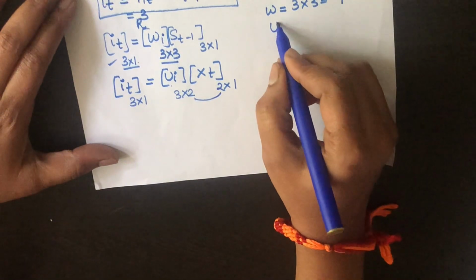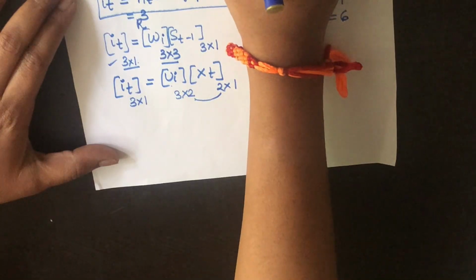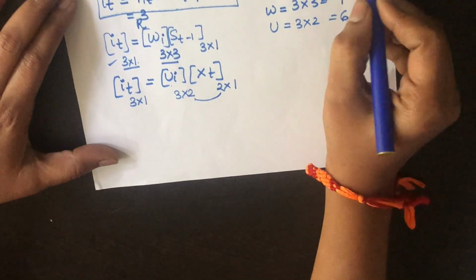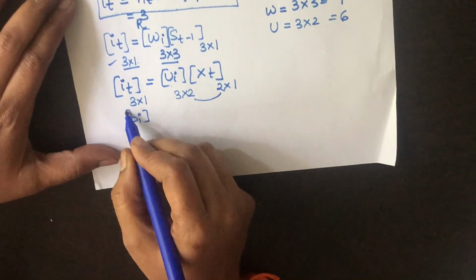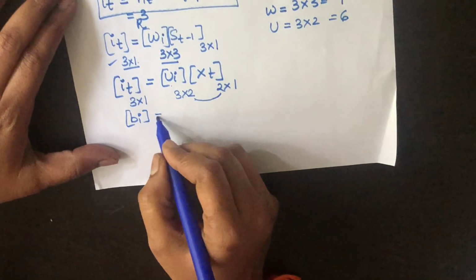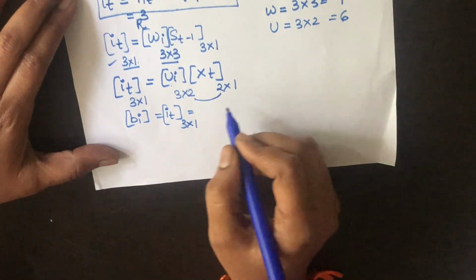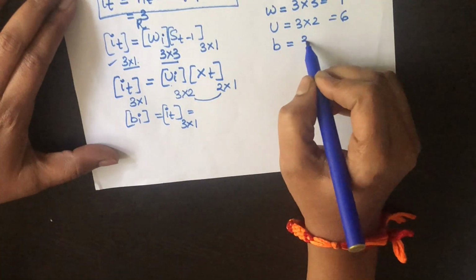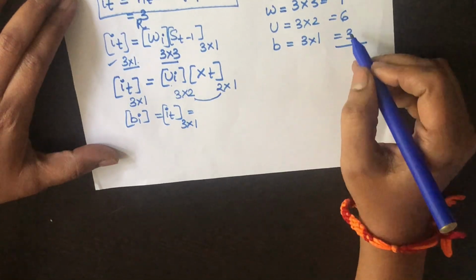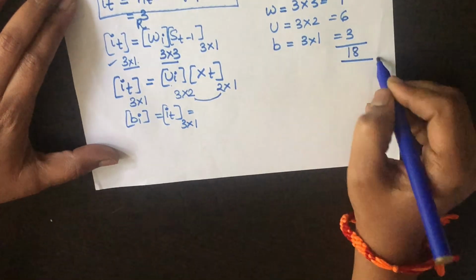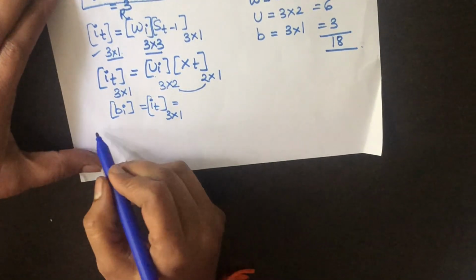So the parameters of U equal 3 cross 2, that equals 6, and the bias bi. They are asking including bias also. So add bias bi, which has the same dimension as it, that is 3 cross 1. So bias b has 3 parameters. So total 18 parameters.